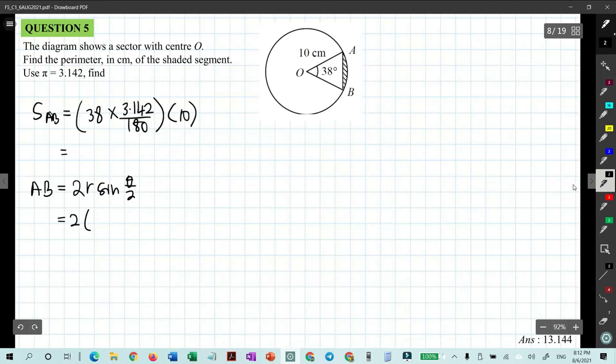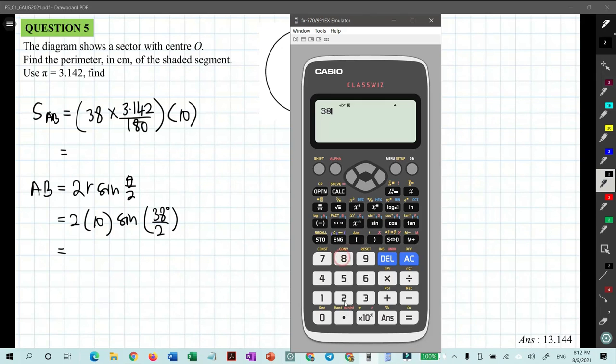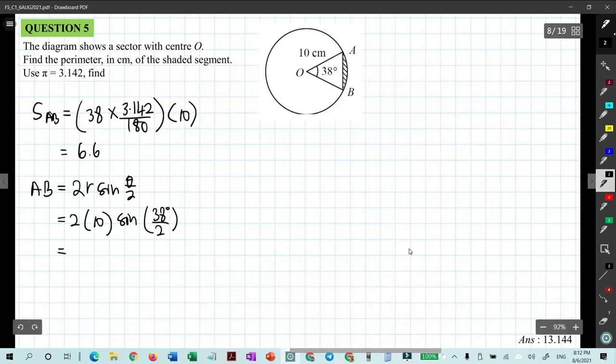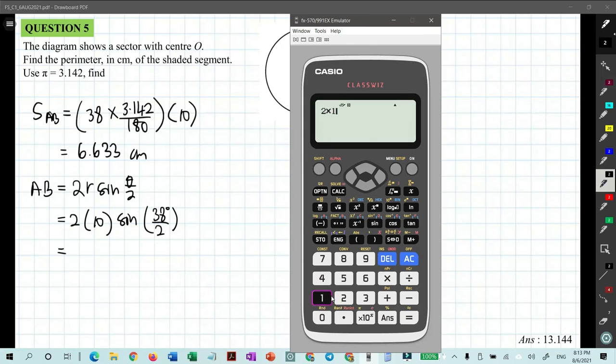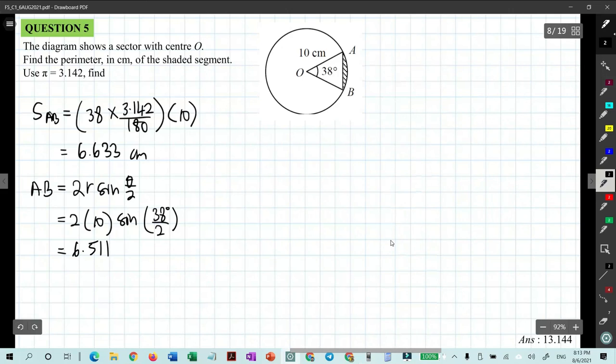So 2 times 10 sine 38 divided by 2. You can write 19 or you can just write 38 divided by 2. It's up to you. Let's do the calculation. 6.633, 6.511.